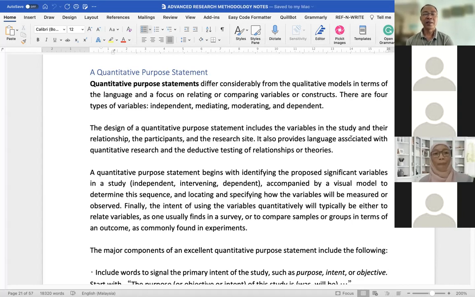It depends. In some topics, if it's necessary, then you can complement the quantitative research with qualitative research. But you have to bear in mind, if you want to finish within 3 years, if you do mixed method, it will be a lot of work, I think.